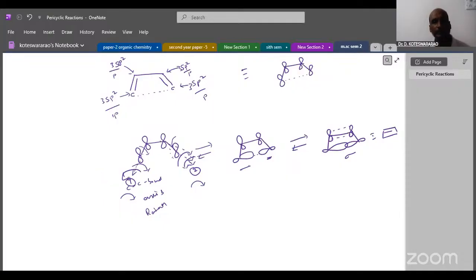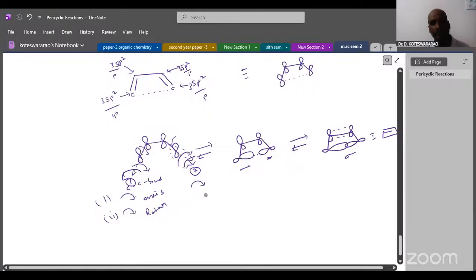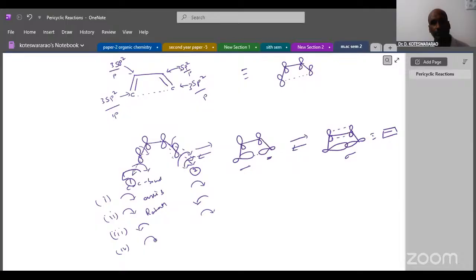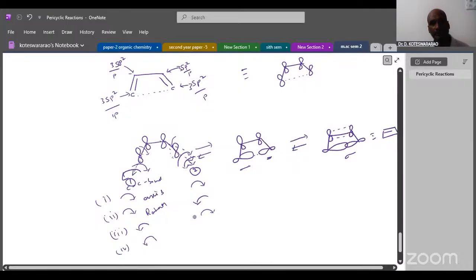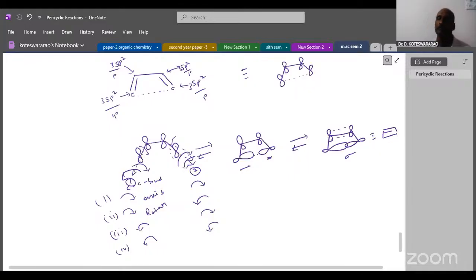In the second, the first end is clockwise and the second end is anti-clockwise. In the third, the first end is anti-clockwise and the second is clockwise. In the fourth, the first end is anti-clockwise and the second end is also anti-clockwise.